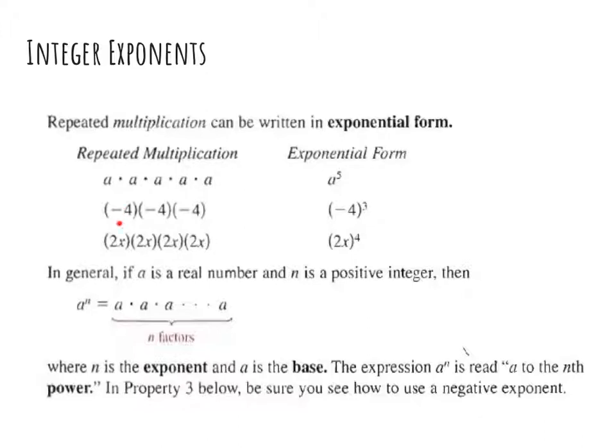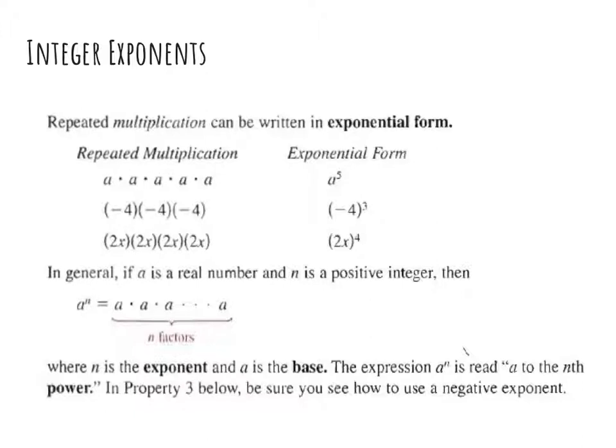Negative 4 times negative 4 times negative 4 is negative 4 to the 3rd power, as we have 3 negative 4's. 2x times 2x times 2x times 2x is 2x to the 4th.